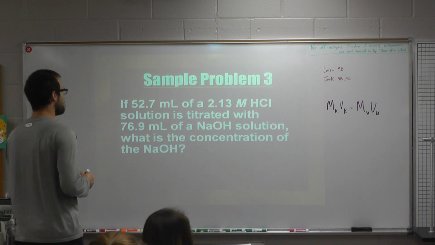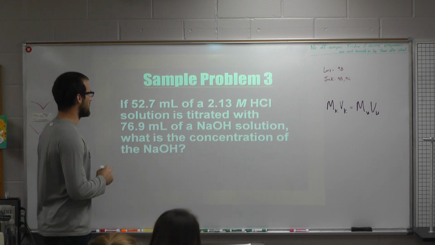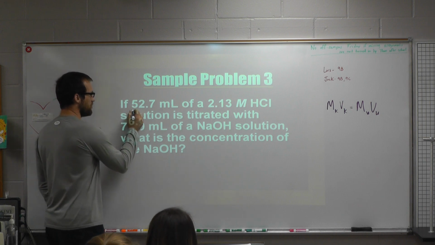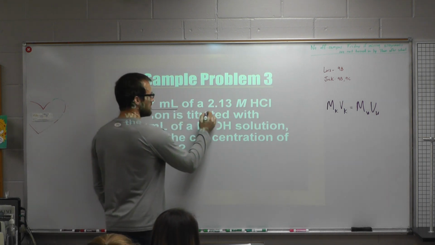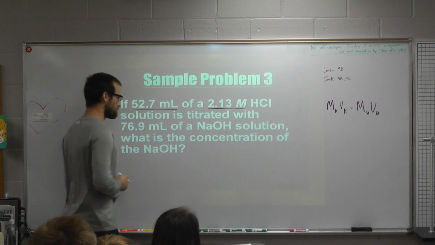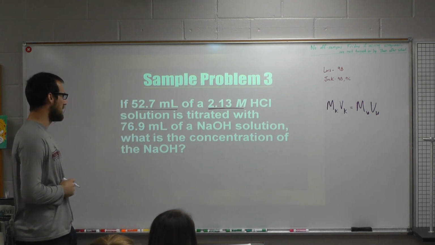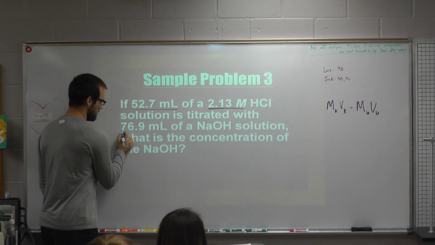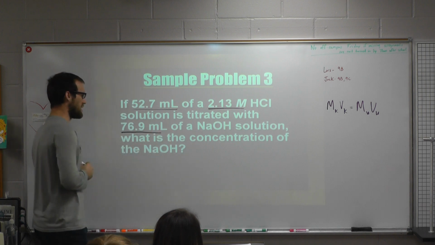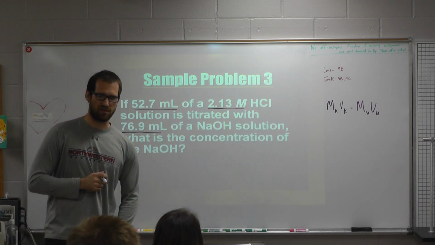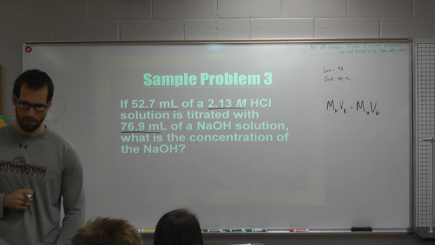Okay, so it says you did a titration, and you found that 52.7 milliliters of a known concentration was used to titrate 76.9 milliliters of the NaOH solution that you had.